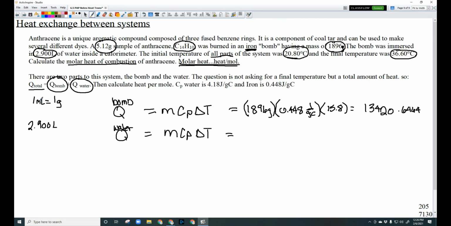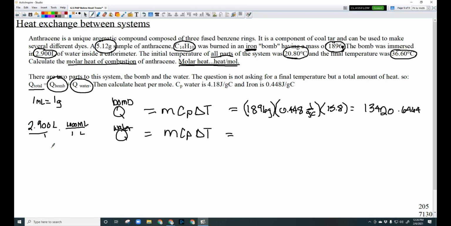Water is 1 gram per milliliter. That's the density. So for water, it's easy to take the amount of milliliters, and that's going to be the amount of grams. So if we have liters here, if we look real close, how to change liters to milliliters, there's 1,000 milliliters in a liter.